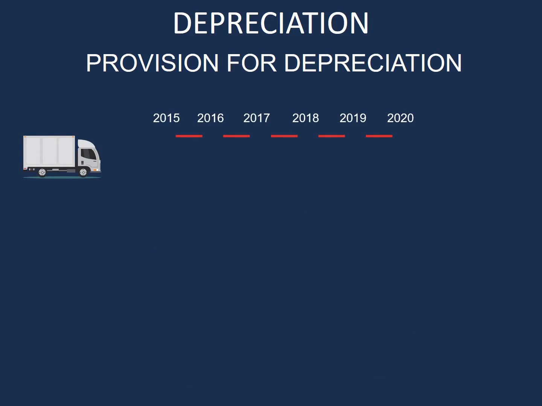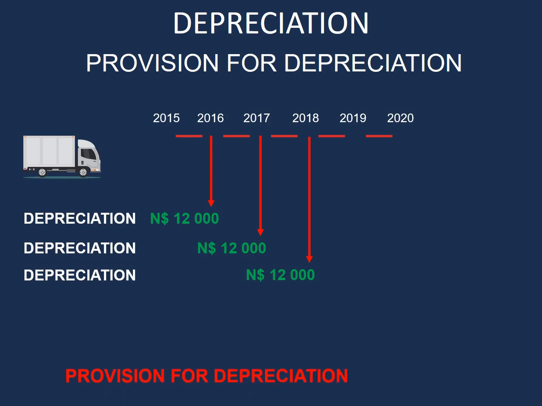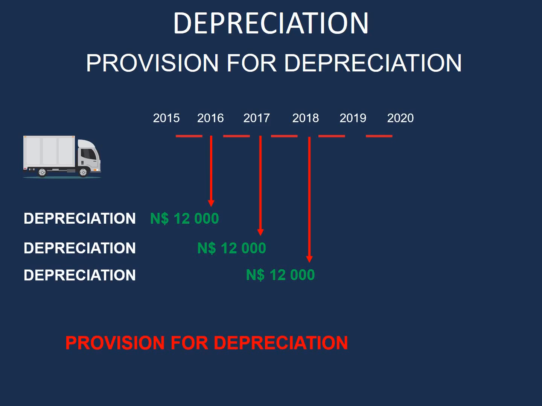The depreciation we incurred for 2016 for our motor vehicle was 12,000, and the depreciation for 2017 was also 12,000, and for 2018 the depreciation was again 12,000. Now our provision for depreciation would be equal to 36,000, because 12,000 plus 12,000 plus 12,000 will give you 36,000.